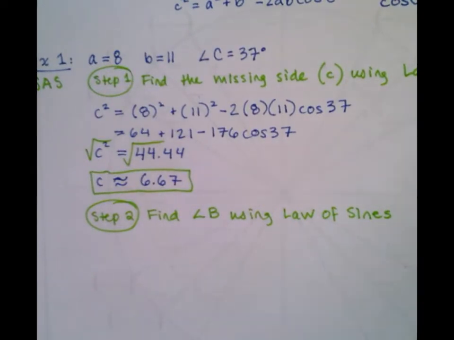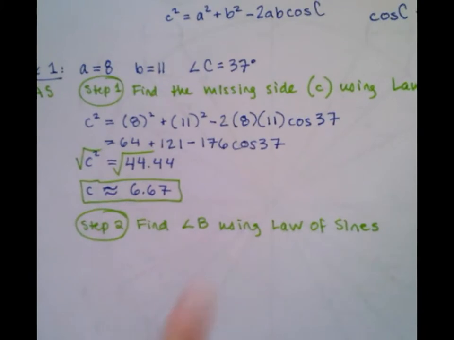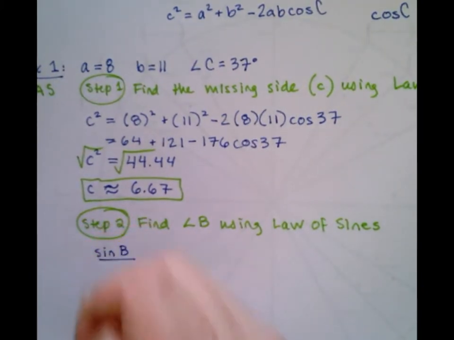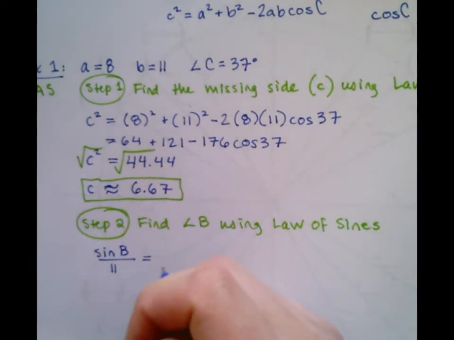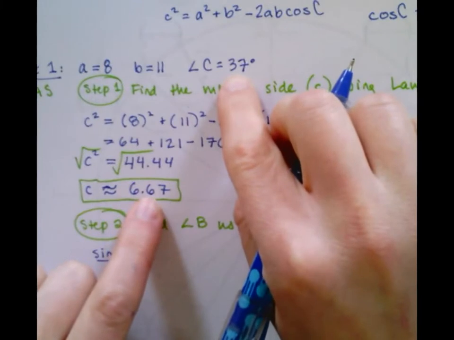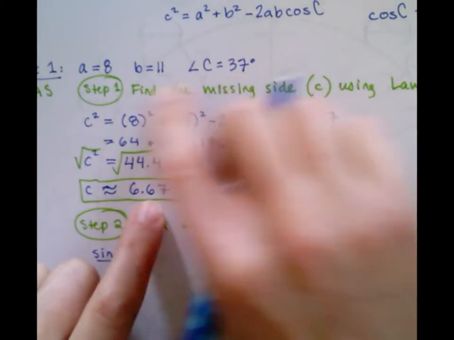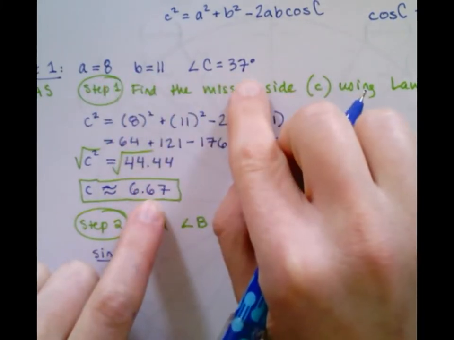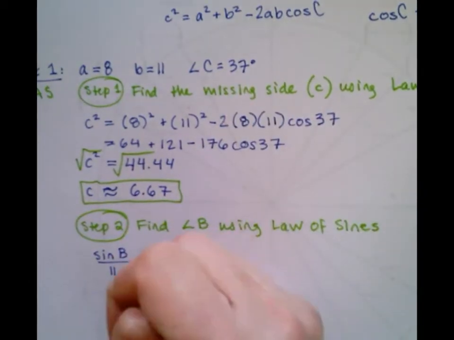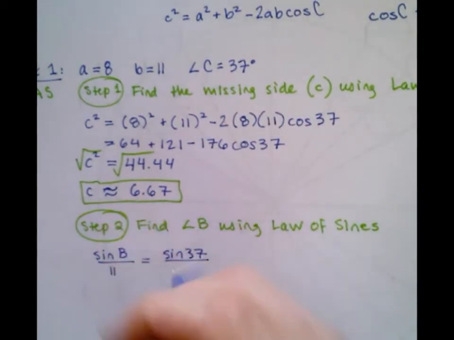If I'm using the law of sines now to find angle B, I know one of them should be sine of B over little b, which is 11, is equal to, I would have to use c as my other proportion because I don't have angle A yet, so I can't set that proportion up. So I would do sine of 37 over the value I just got for c, which is 6.67.